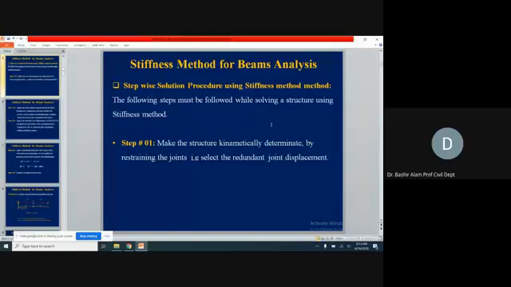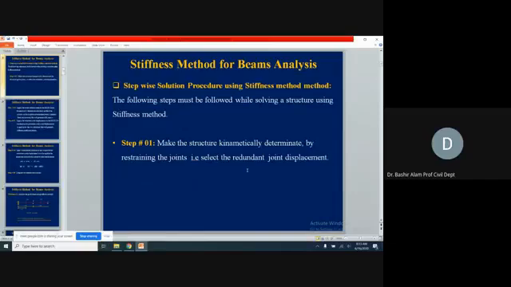Now, stepwise procedure using the stiffness method. Step number 1: you will first find the kinematic indeterminacy, and you will locate and label those locations which now have the capability to move. Those you will identify as redundant joint displacements. So this will be step number 1.